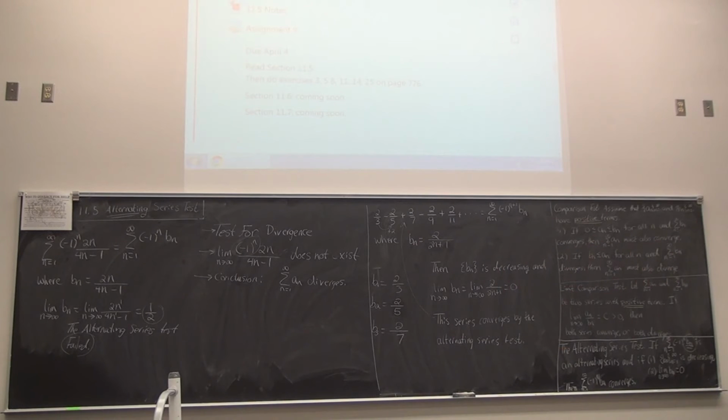So that one's done. Really the major work on this one was to come up with b sub n. Once you have b sub n, the rest of it kind of just works out. Any questions with that one?